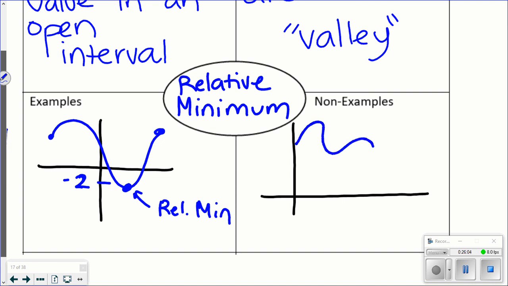And here's my other graph. This is not an example because this is an endpoint. Although it's the lowest, it doesn't work because it's an endpoint.